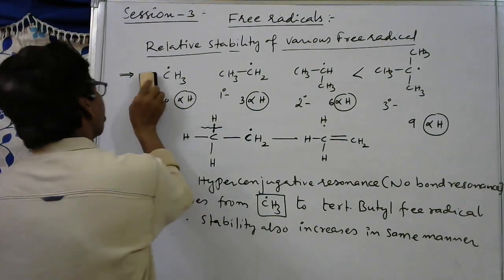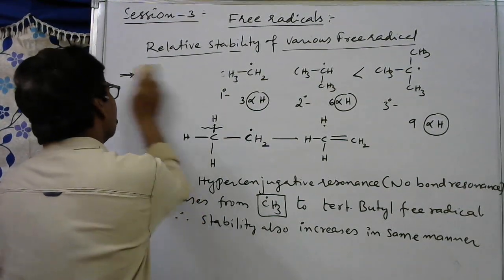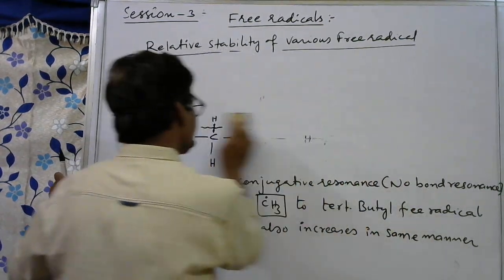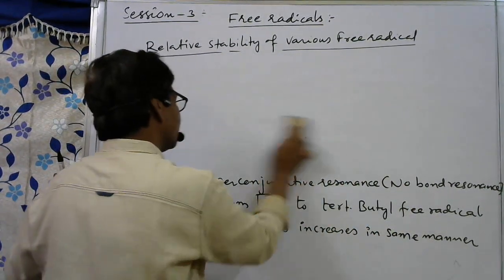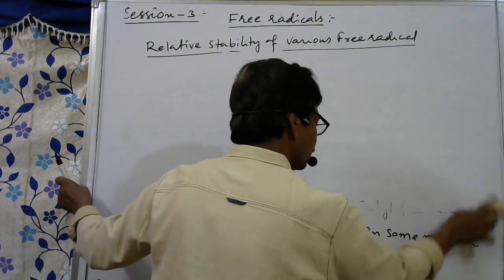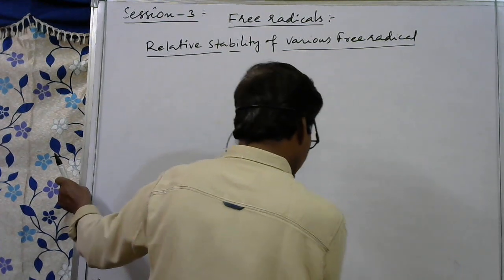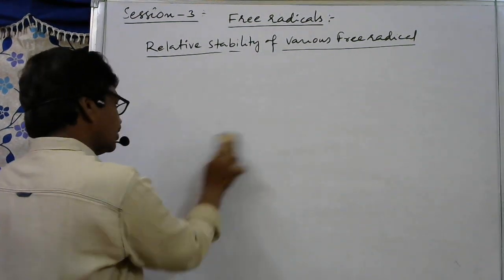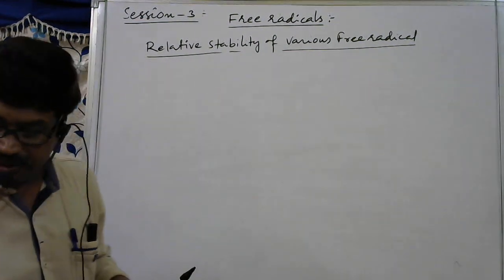Allyl free radical and benzyl free radicals are stabilized by direct resonance, so that they are more stable compared to these alkyl free radicals, because resonance is stronger compared to hyperconjugation. Hyperconjugation is stronger compared to inductive effect.